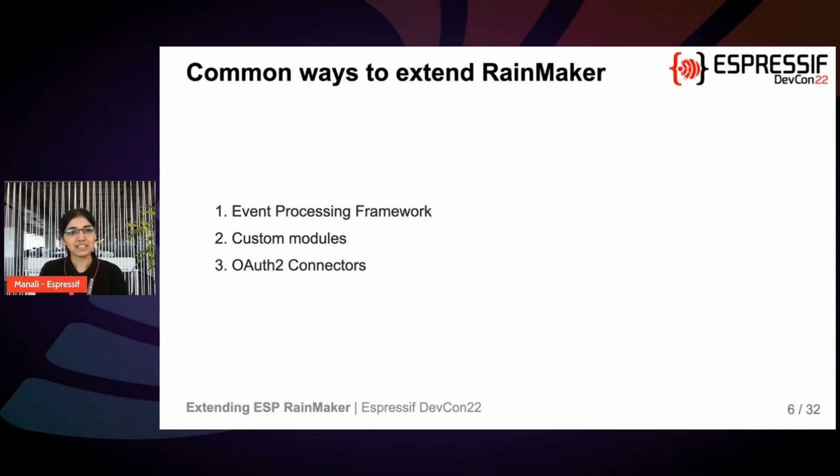Custom modules means having more modules on top of the RainMaker stack. And OAuth2 connectors are to bring your own identity management users into RainMaker. So we will see these three ways to extend RainMaker. And as I said, there may be many other ways. This is just the top ways.